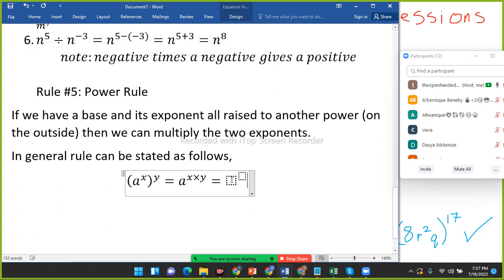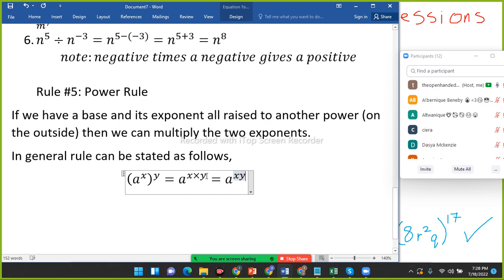So if you have a base and a power like this, and it's raised to another power on the outside, if you want to move this bracket, all you need to do is multiply the two.